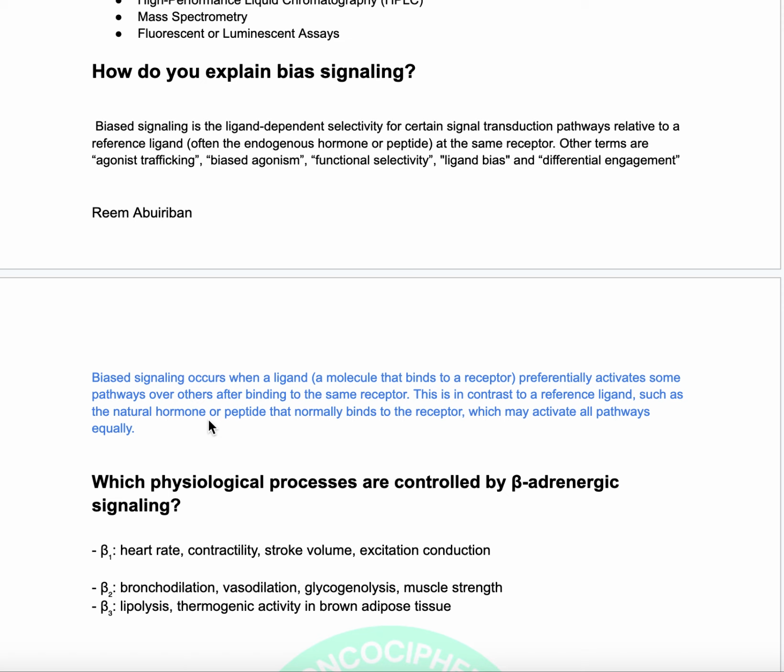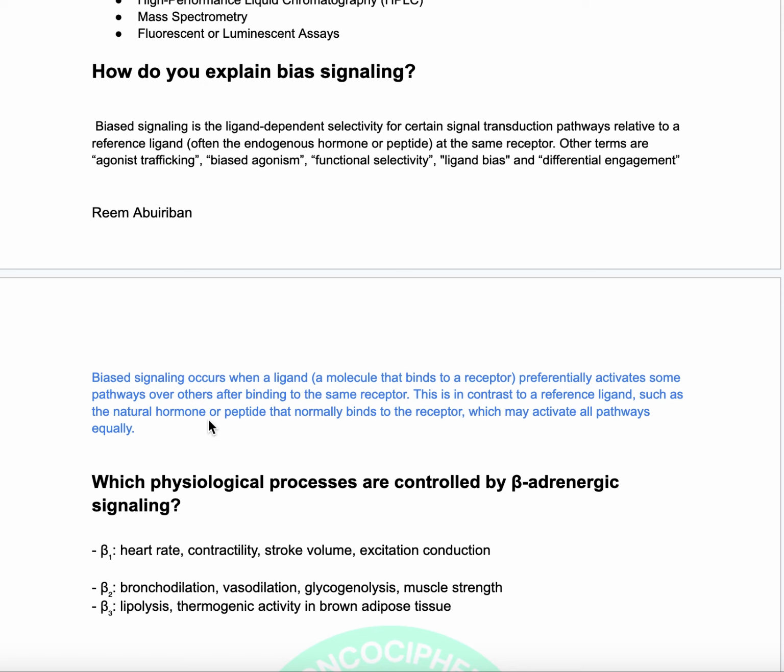Maybe one pathway leads to the good things and the other pathways lead to the bad things. So biased signaling is the ligand-dependent selectivity, meaning it is selective for certain signal transduction pathways relative to the reference ligand. The reference ligand deals with all the pathways equally because it's natural, but with biased signaling, the ligand we give handles the pathways not equally; the selectivity is not equal.